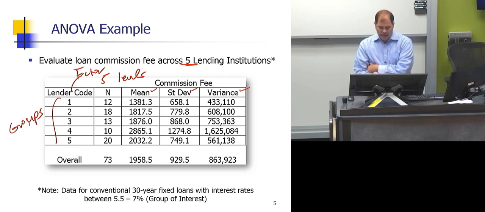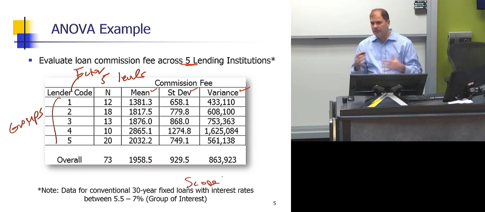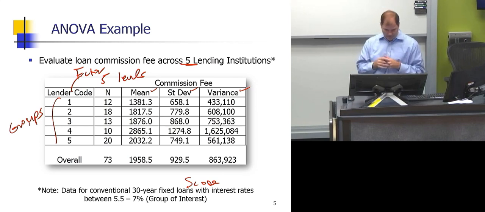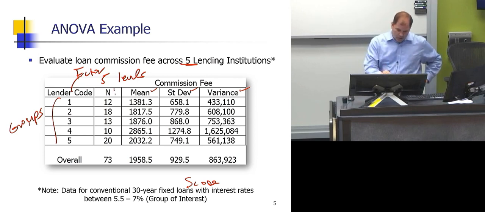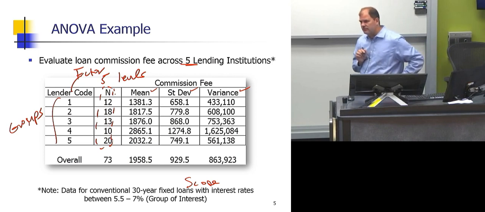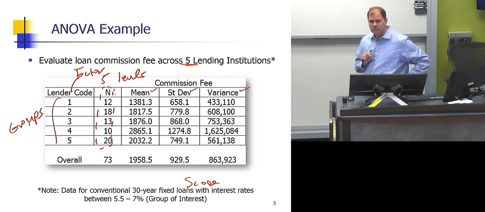Now, when I do this, I may have to define some type of scope to make sure that I'm comparing with similar variance levels. Remember our assumption that we want to have similar variance. By the way, you'll notice in this example that not all the groups have the same sample size. Is that okay for ANOVA? Yes, we don't have to have the same sample size.